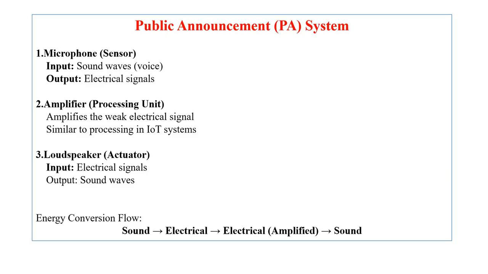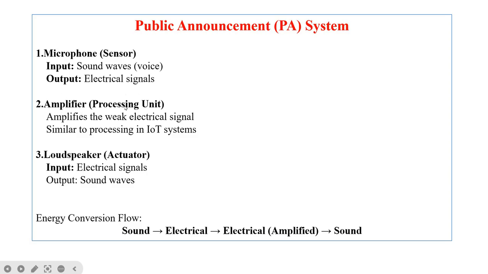Here we'll see one example, a public announcement system, the PA system, which is used on a daily basis in colleges and railway stations. You have a microphone which acts like a sensor. The input to this sensor is the sound wave, that is the voice, and the output from this microphone is an electrical signal.